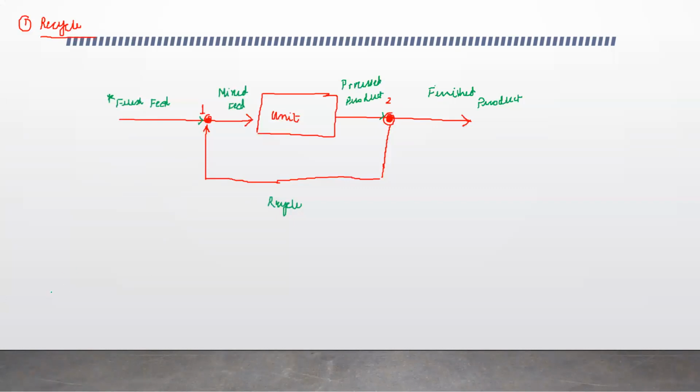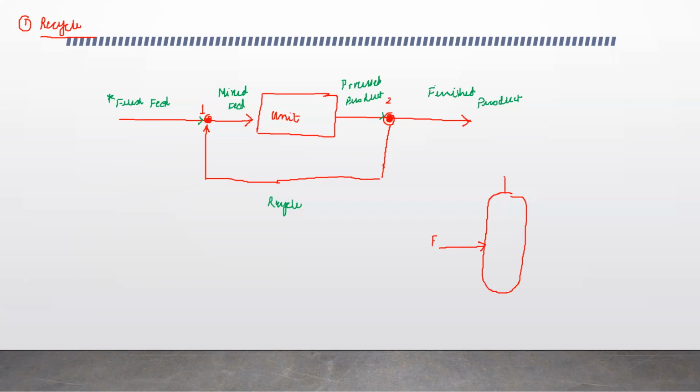The most commonly seen example of recycling is in a distillation column. So what happens in a distillation column? Suppose this is your distillation column and this is your feed that has entered.